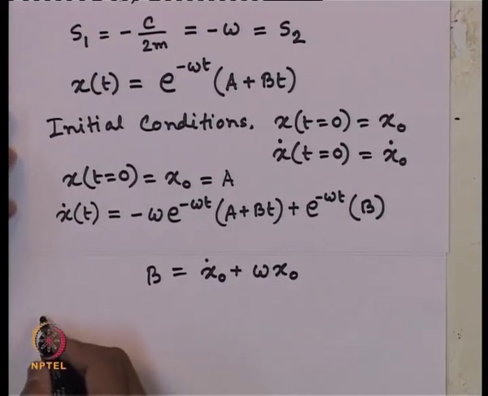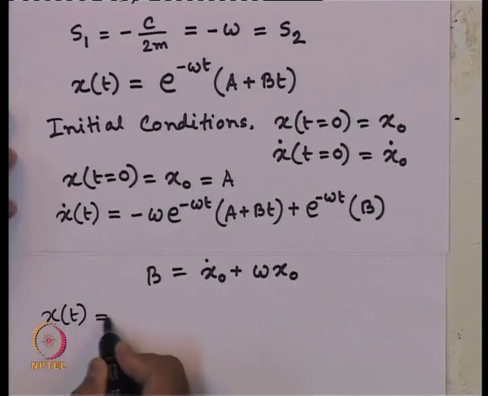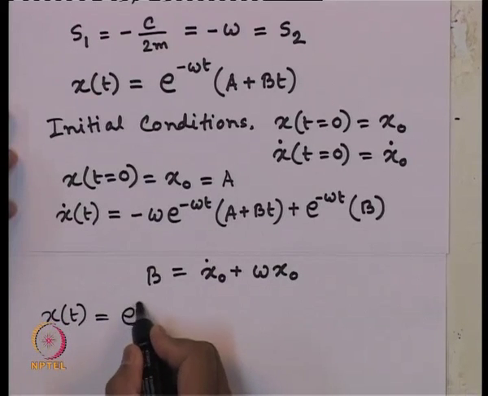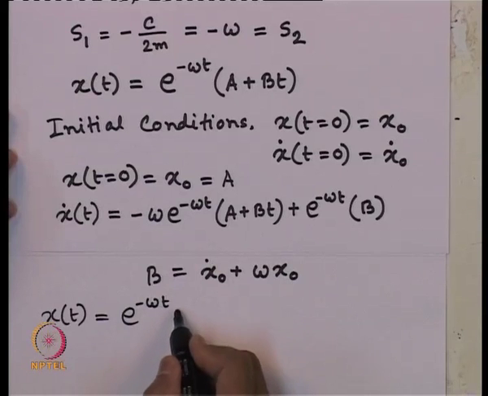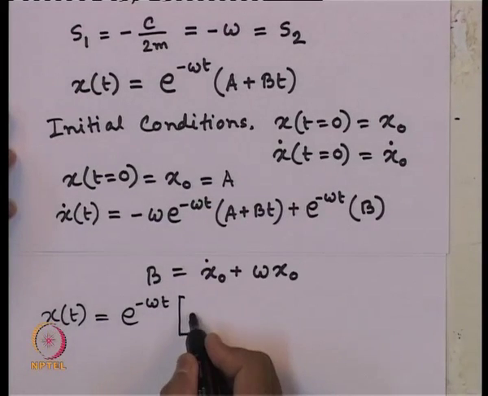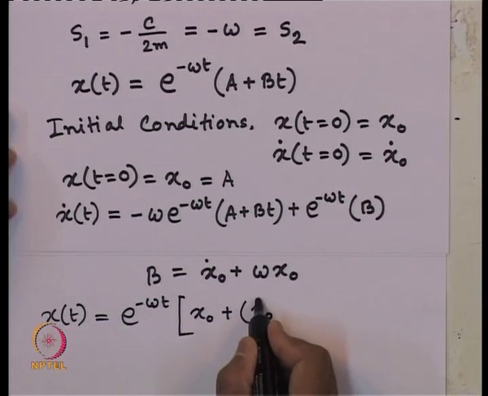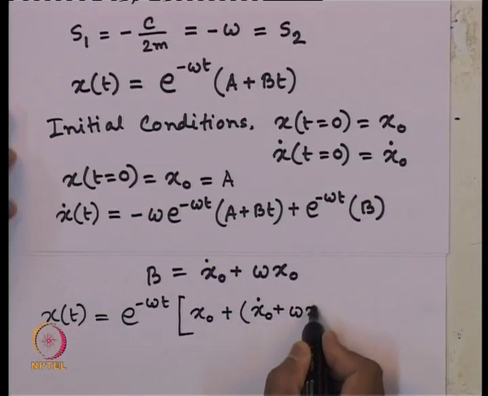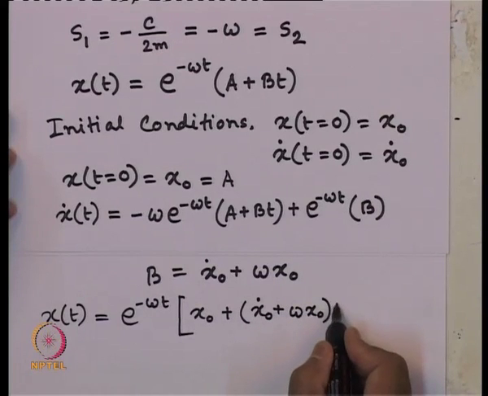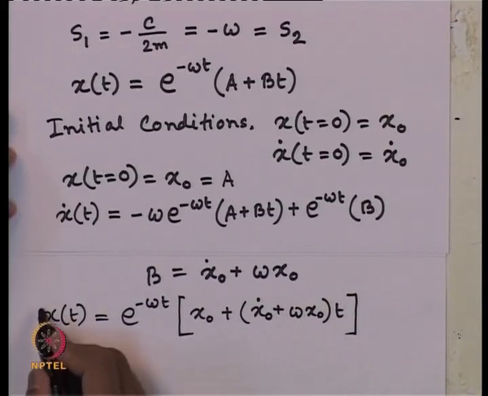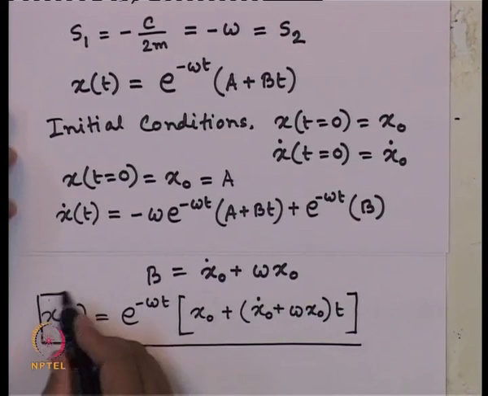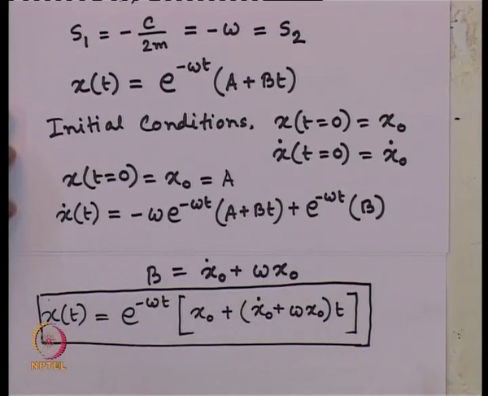The complete solution x of t will be e to the power minus omega t times a, meaning x naught, plus b, meaning x naught dot plus omega x naught, times t. So, this is the final solution using the initial conditions for the case where roots are real and equal.